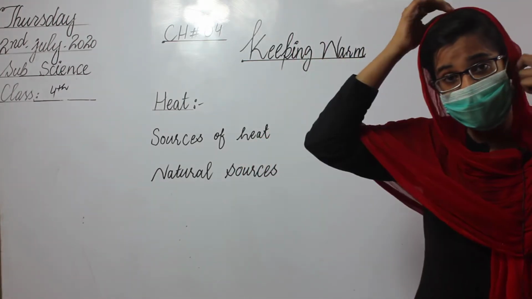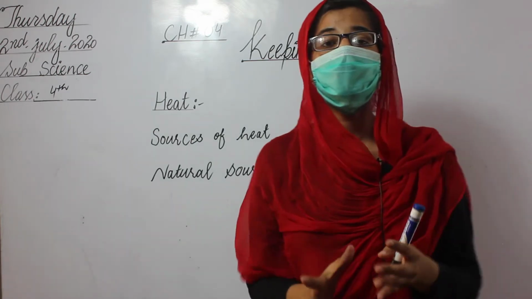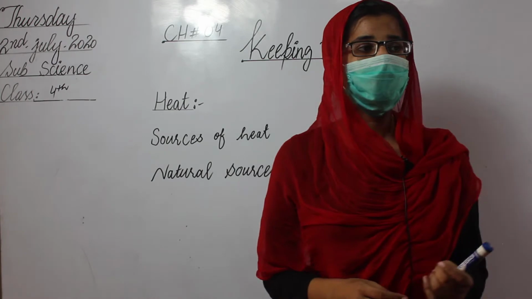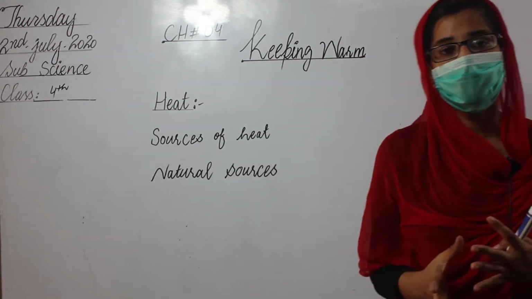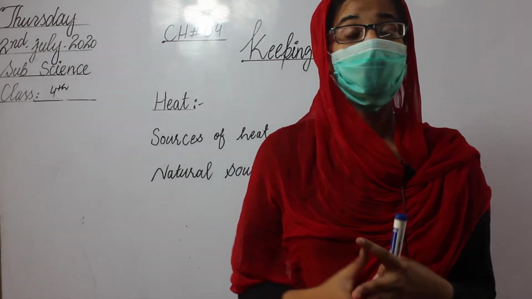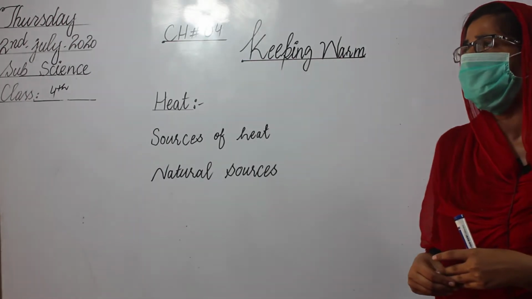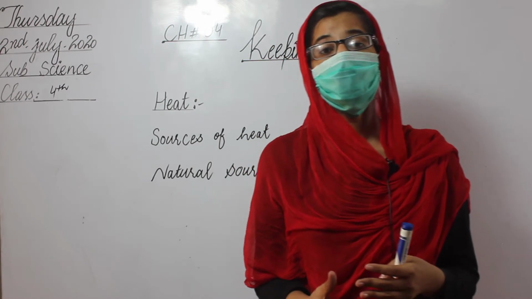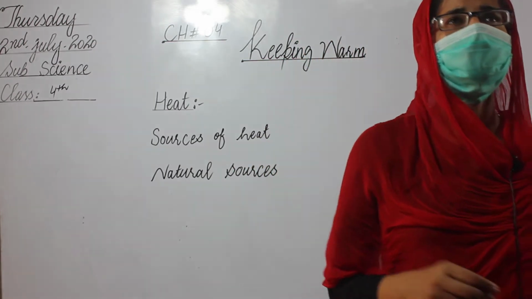Without the sun, the living things on earth would not be able to survive, because without the sun the earth would be too cold. And next, volcanoes and geysers are also natural sources of heat and energy.